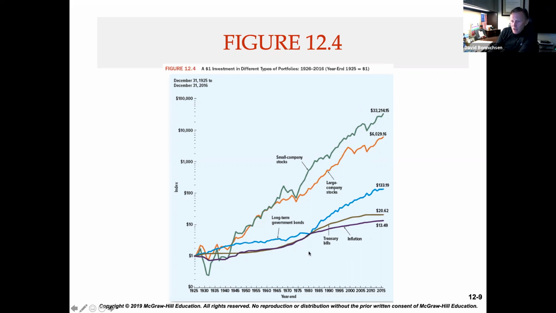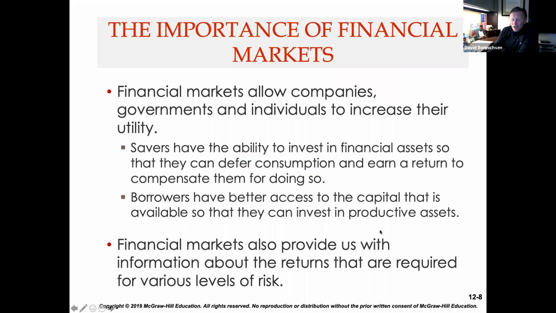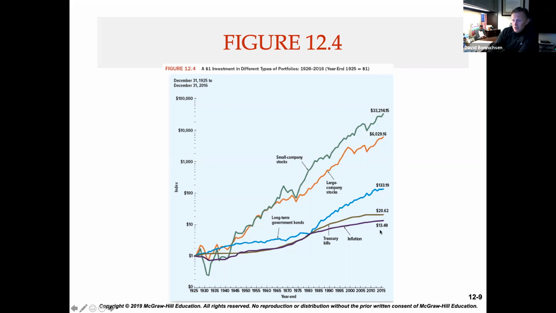And then if you look at the lowest risk, the lowest volatility, you're looking at inflation. Just the normal cost of goods and services rising over time. And then you've got treasury bills, T-bills, what's considered to be the risk-free asset. If you were going to invest money in an asset class that essentially had zero risk, then you would be purchasing treasury bills.